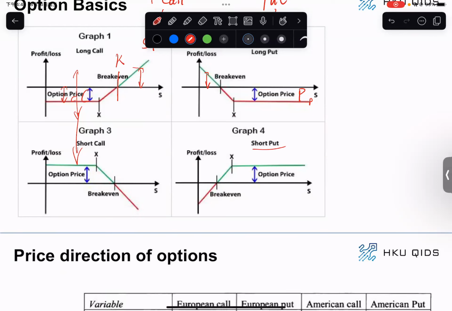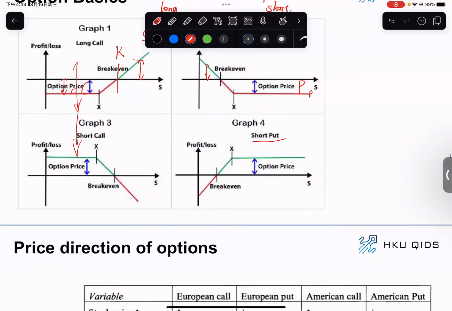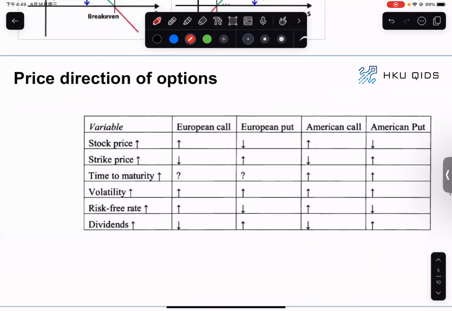Okay, and you can also construct portfolios by putting calls and puts together. For example, long a call while shorting a put to construct a certain portfolio. I'm going to talk about that in later chapters when we're talking about Greeks and option portfolios. One important thing to know is the price direction of options.